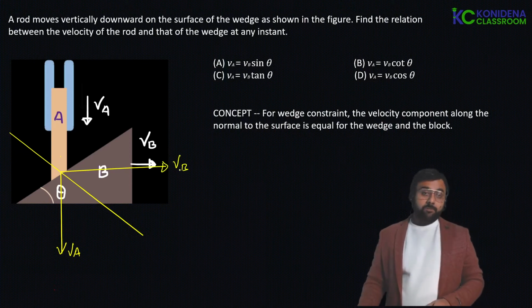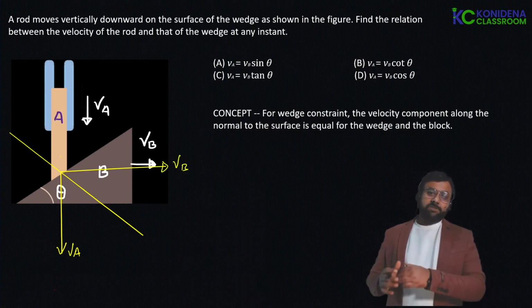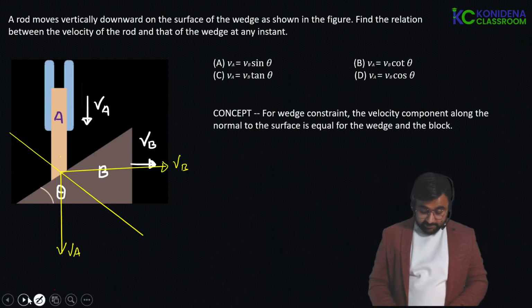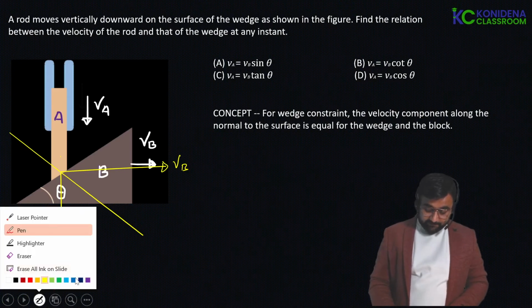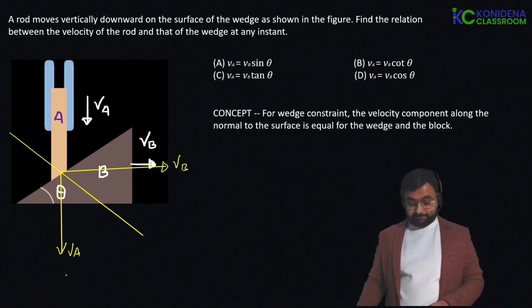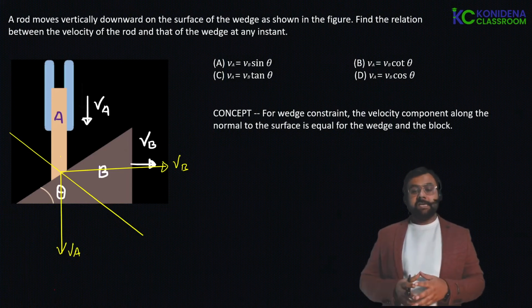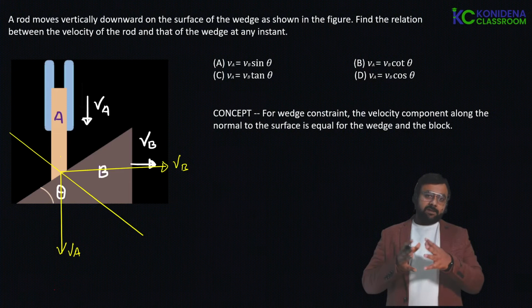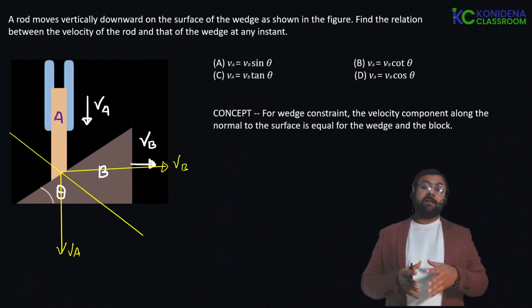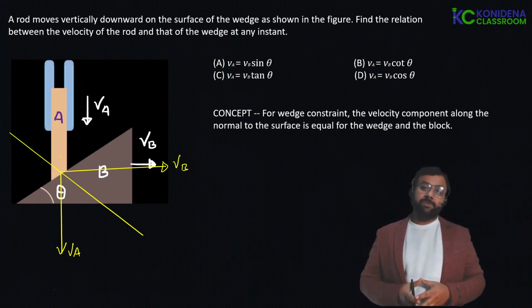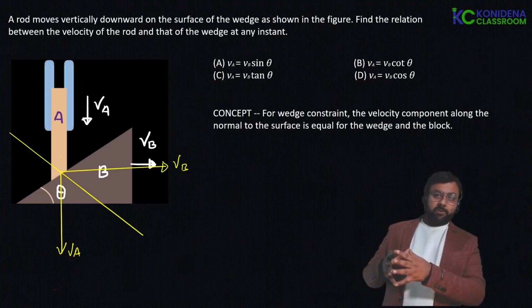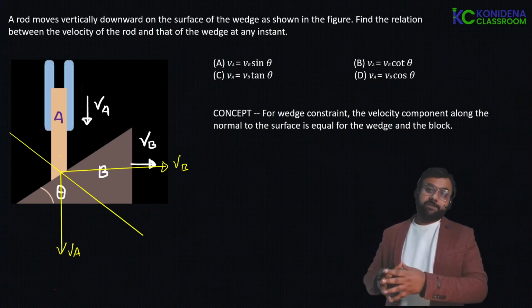Now we will take the components of VA and VB along this perpendicular line. For that we need the angle. In physics, there is a concept that says if you have angle theta between two lines, then the angle between their perpendiculars will also be theta, and the angle between one's perpendicular and the other's parallel will be 90 minus theta.